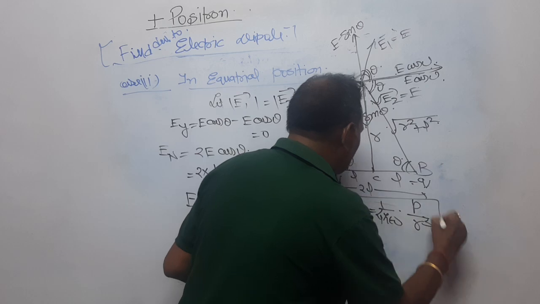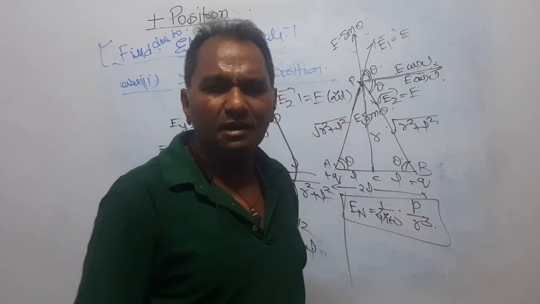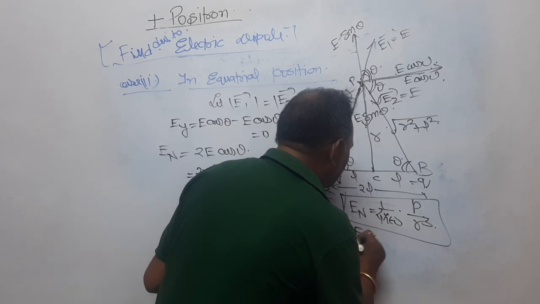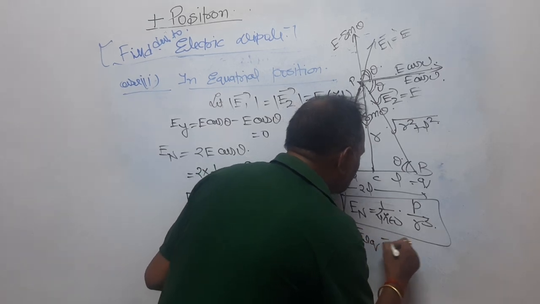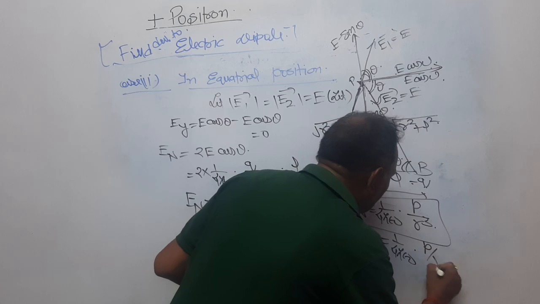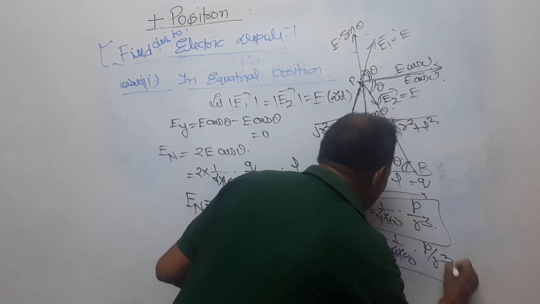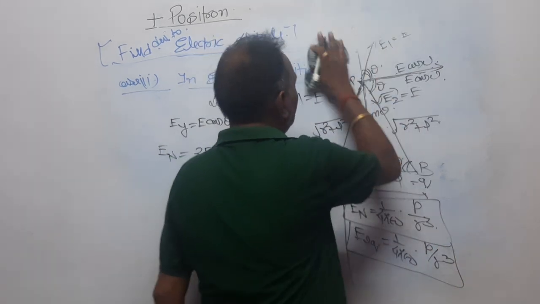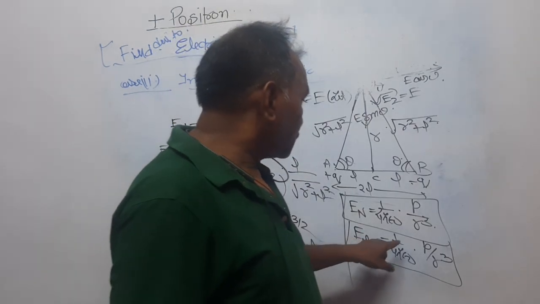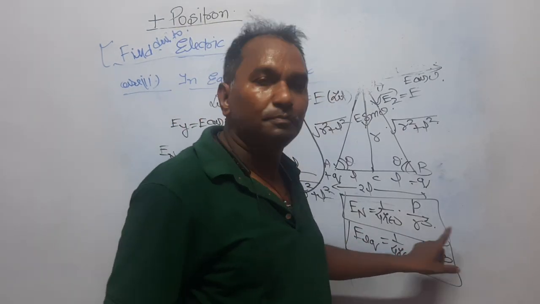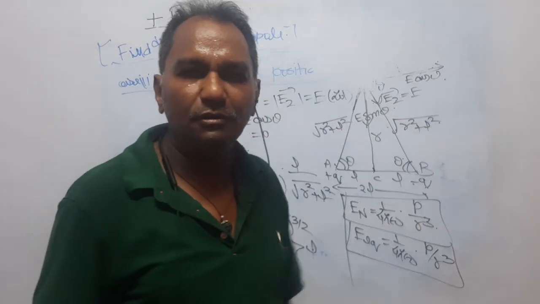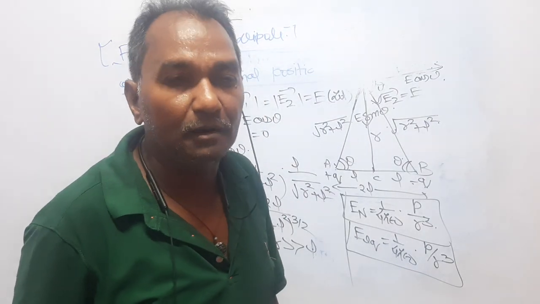Now dear student, you can write this, in the equatorial position, it is 1 upon 4 pi epsilon naught P over R cube. Now dear students, when you find the field in the axial position, that works out to be 1 upon 4 pi epsilon naught 2p upon r cube, but in case of the equatorial position, it works out to be 1 upon 4 pi epsilon naught p upon r cube.